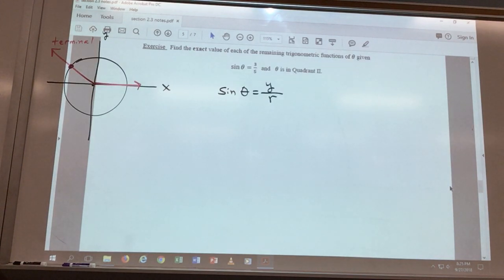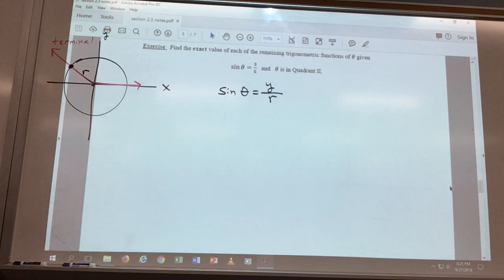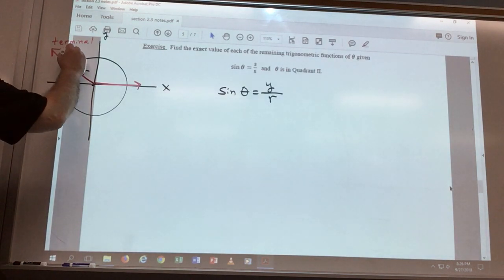And so we are using our modified definition for the 6 trigonometric functions that we covered at the end of section 2.2 notes. Okay. So this terminal side of our angle crosses a circle of radius r. Here's the radius of the circle r, and it passes through the point x, y.